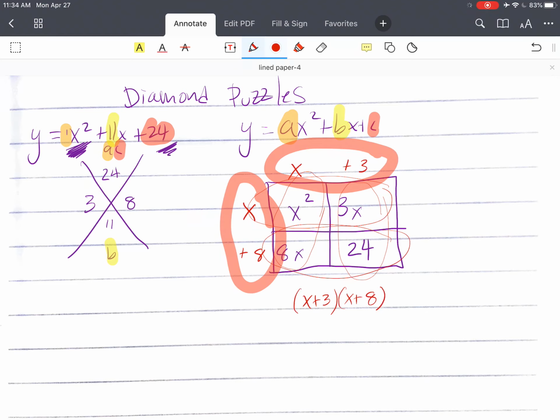And on this side you have x plus 8. And that's equal to y. You have converted the equation x squared plus 11x plus 24 from standard to factored. Y equals x plus 3 times x plus 8.